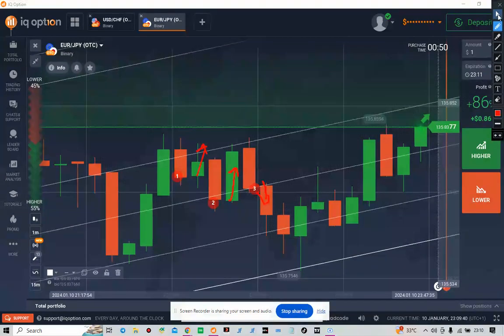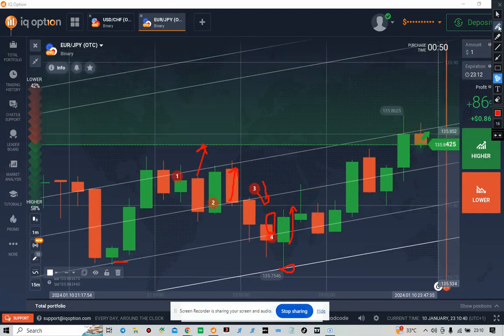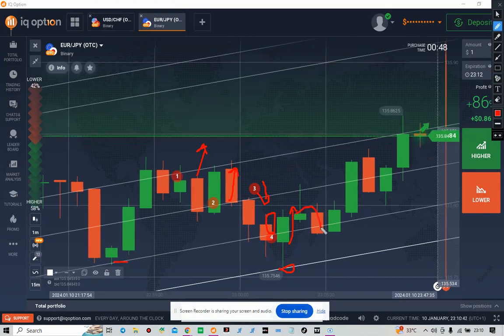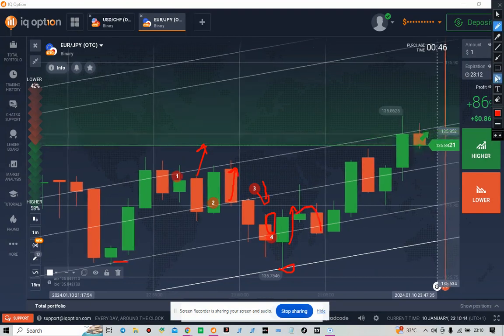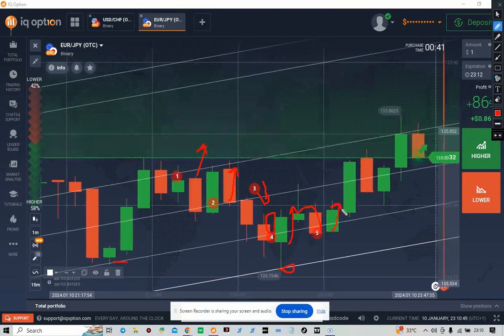Then, look again. I draw another level here. Once I see sellers' weakness, I open the trade again on the next candle, which means this is the fourth trade. Then I place a call option, using this low and this low as my area of support. I wait for the price to reverse to that level, and when it reverses to that level, I open the trade on the next candle.